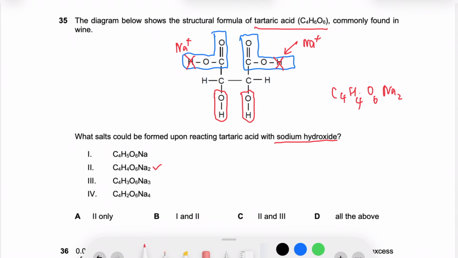They can actually just react with one of the sodium, one of the hydrogen to form your COONa. So this can remain as hydrogen also, so it's just C4H5O6Na. Oxygen remains the same. So you can react with just one sodium or react to give you 2 sodium. So this is actually possible as well. So answer is B. Both are possible.